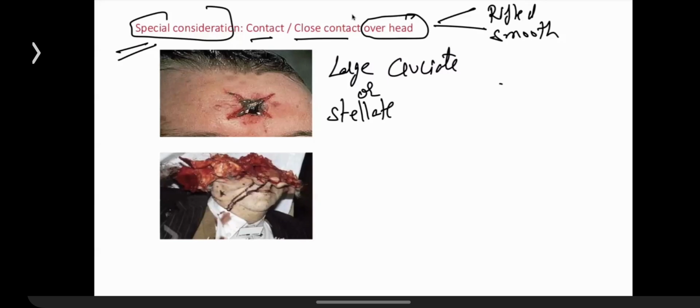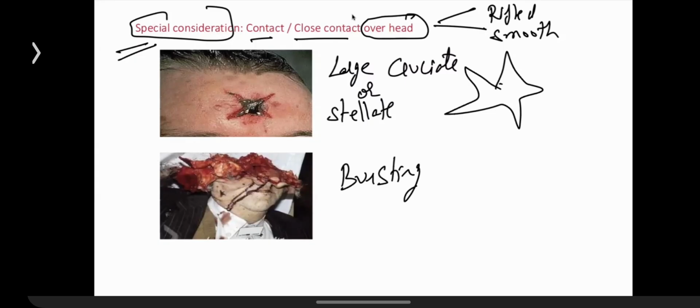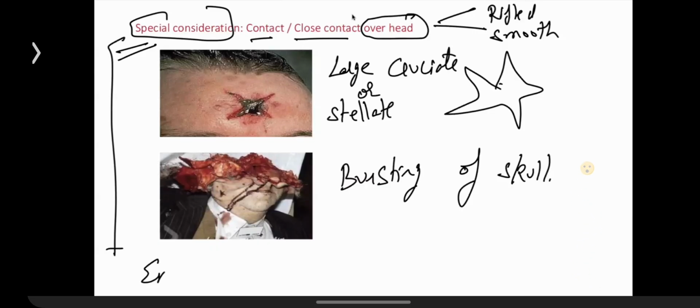Stellate means star shaped like this. Or sometimes if the amount of gases is too high, complete bursting of skull can occur. Here, this is a special scenario where the entry wound resembles exit wound.